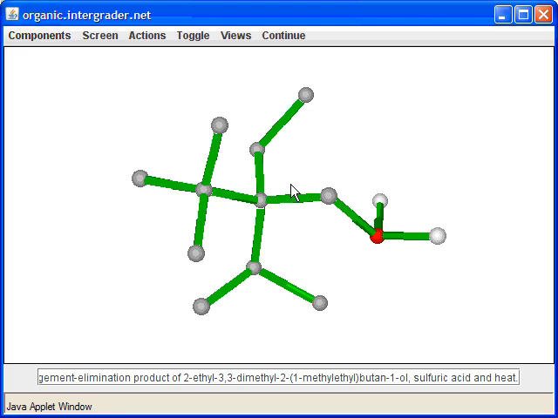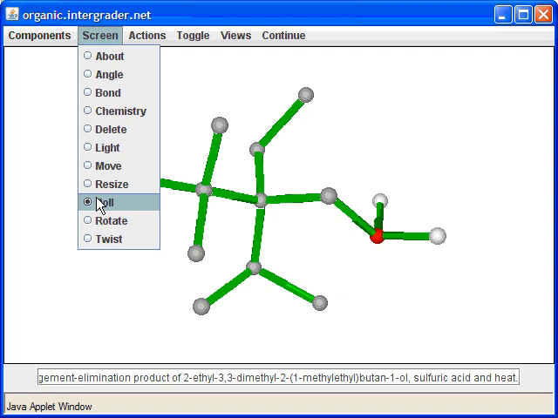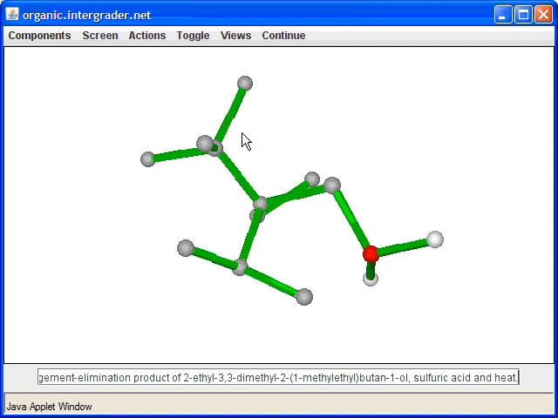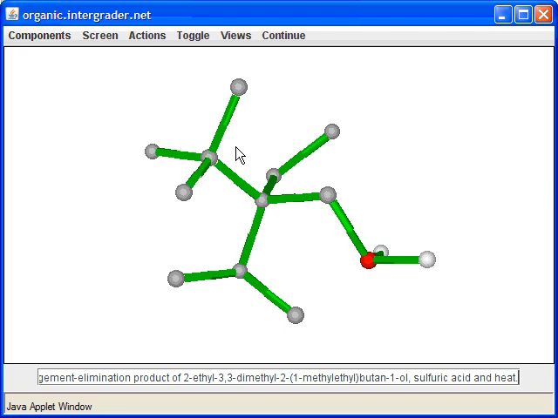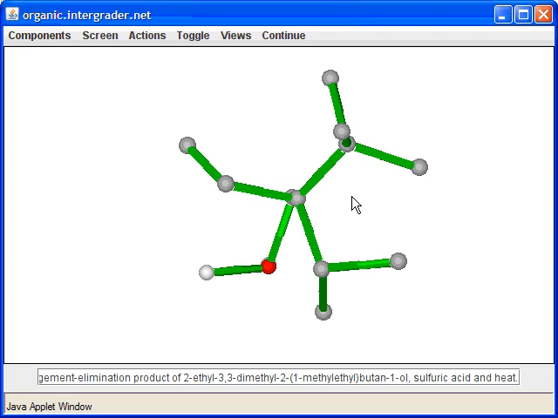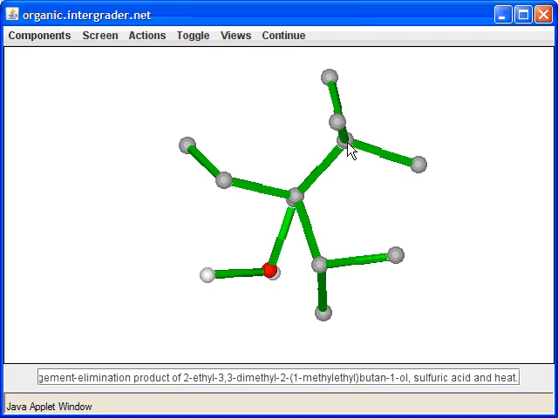Now, the reasons why the shift will occur with the t-butyl group are many. Among them, if you look at a Newman projection of that t-butyl group, since it's the largest one, it wants to be anti to the leaving group right here. So that's one reason.